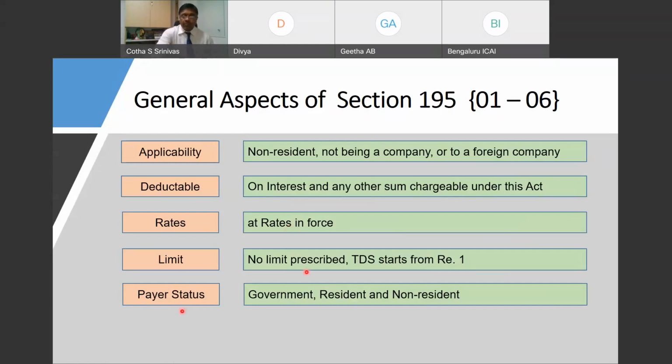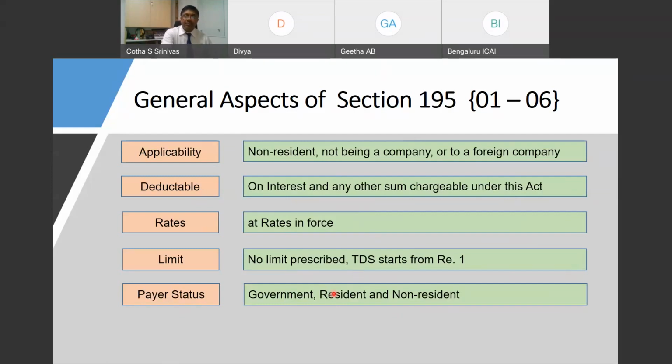Now to just understand this, whenever the government, that is the central government or state government, makes payment to a non-resident, TDS provisions will be applicable. Resident making payment to non-resident: generally, it is subject to TDS. But exceptionally, it is exempted. What is that exception?